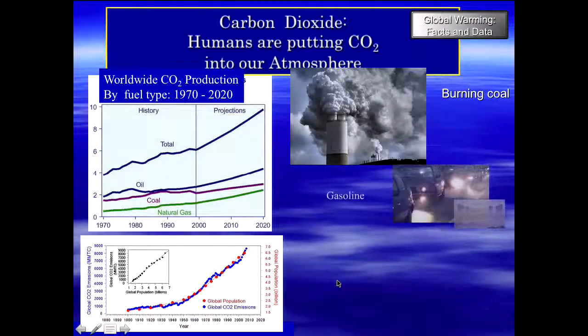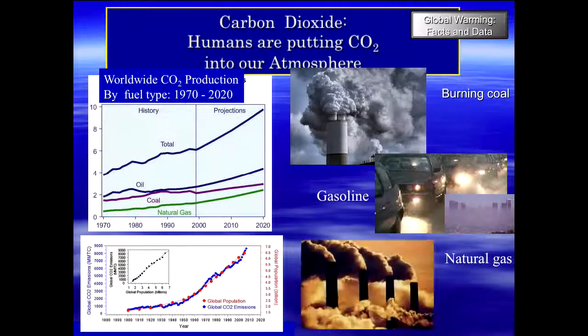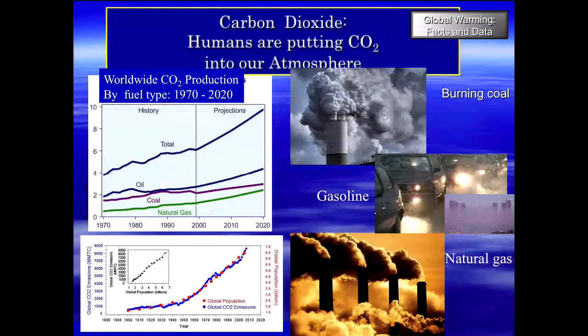And so you can easily determine how much carbon dioxide we humans are burning, how much fossil fuels we're burning, spewing up carbon dioxide into the Earth's atmosphere. You can estimate it from the amount of coal we're burning, gasoline we're burning in automobiles and aircraft, natural gas we're burning in various ways.